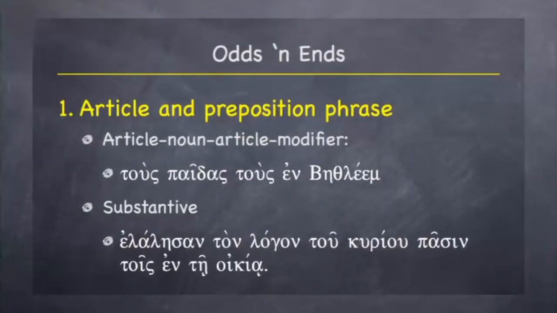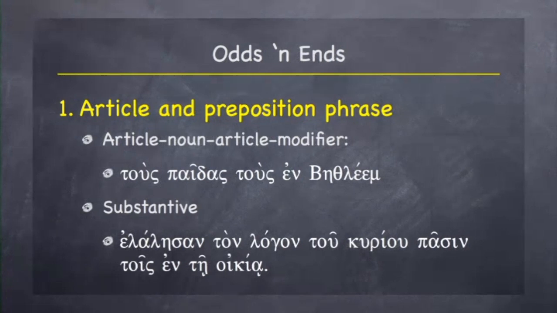Okay, so that's important. The other time you can get an article followed by a prepositional phrase is when the article is indicating that the prepositional phrase is functioning as a substantive. Okay, so this gets really flexible in translation. The exercise in the textbook is this verse, and it means, word for word, they spoke the word of God, pasin, to all, tois, the, en te oikia, in the house.